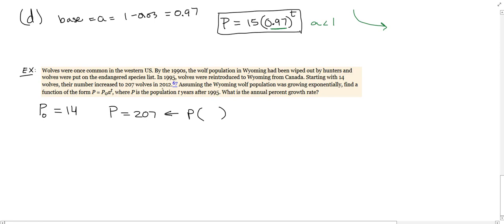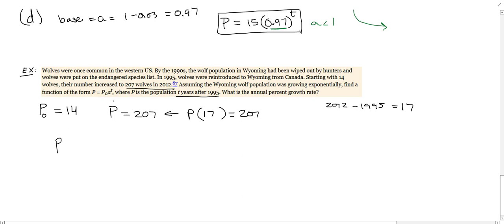And so we know that t should be the years after 1995. And so this was the population in 2012. So if you just do some quick subtraction, that's going to give you 17 years. So after 17 years, this is 207. Alright, so we have those two values, and now what we don't know is a.